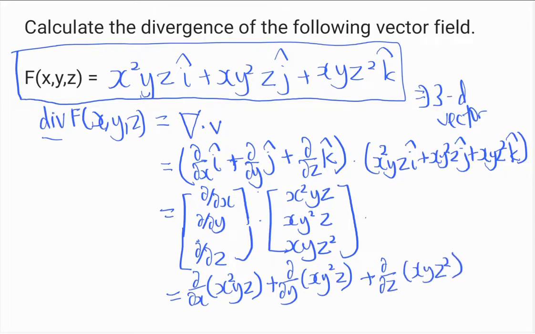Remember we learned in our dot product, this times this, this times this, and this times this. So I do a partial derivative with respect to x for this component, a partial derivative with respect to y for this component, and a partial derivative with respect to z for this component over here. Now let's clean this up.